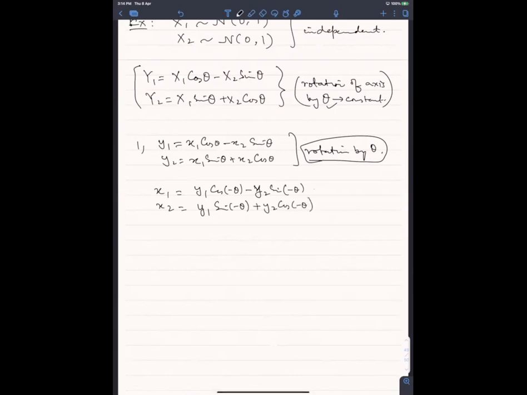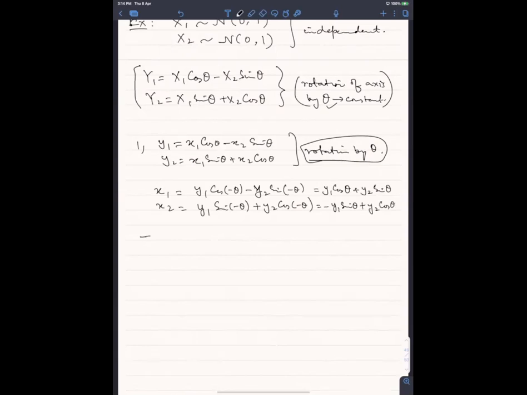So cos of minus theta is cos theta and sine of minus theta is minus sine theta. Similarly, x2 would be equal to minus y1 sine theta plus y2 cos theta.